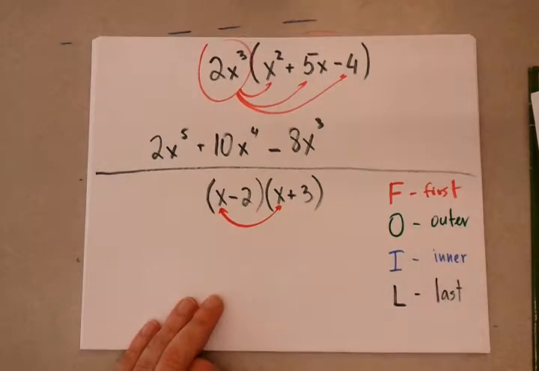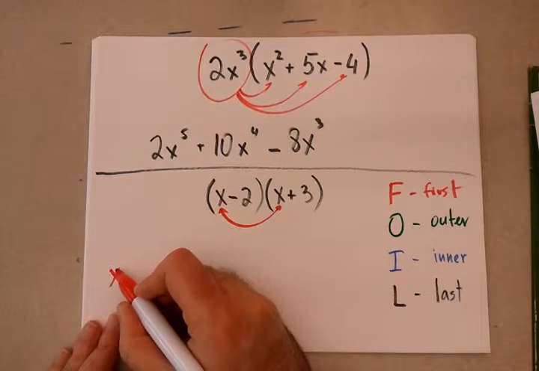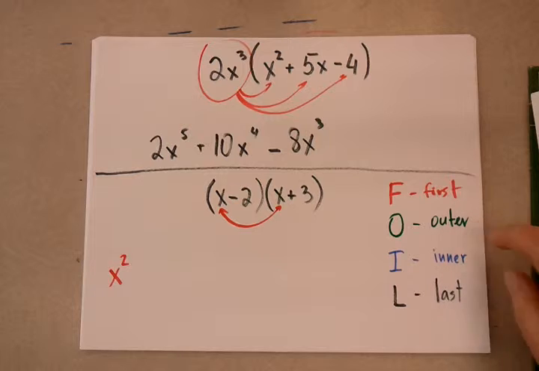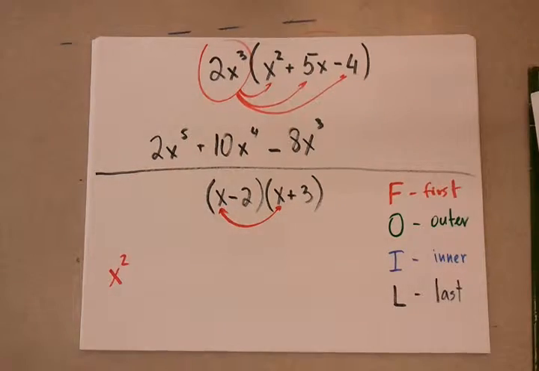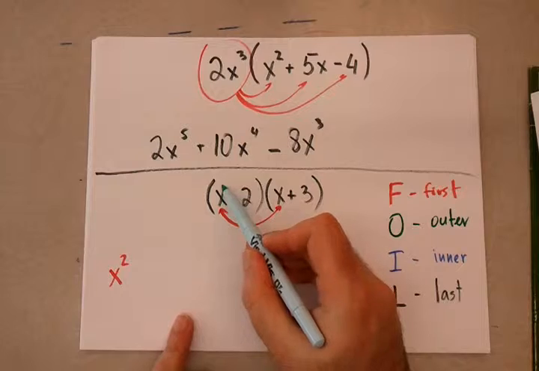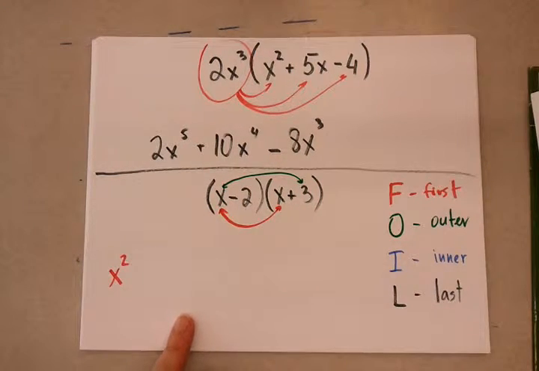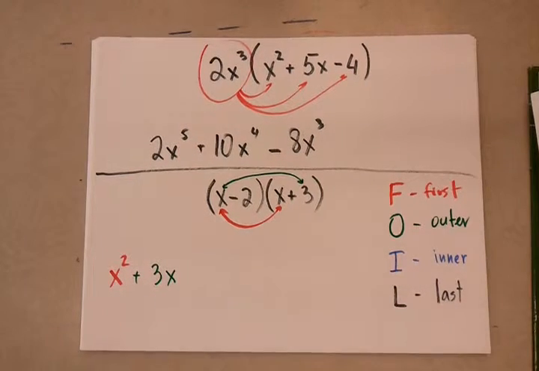That is step one, which gives us x times x, and that's x squared. The second step is to multiply our outer monomials in each polynomial. Well, that's the x and the 3. So x times 3 is just positive 3x.